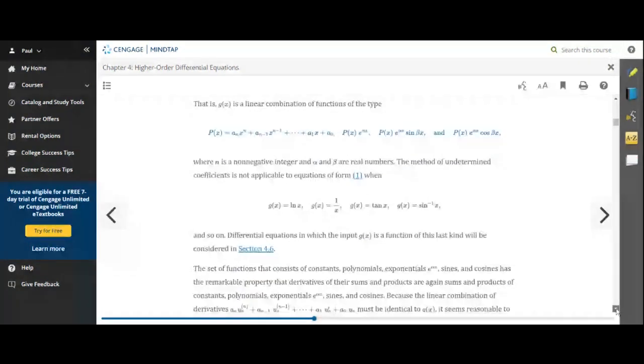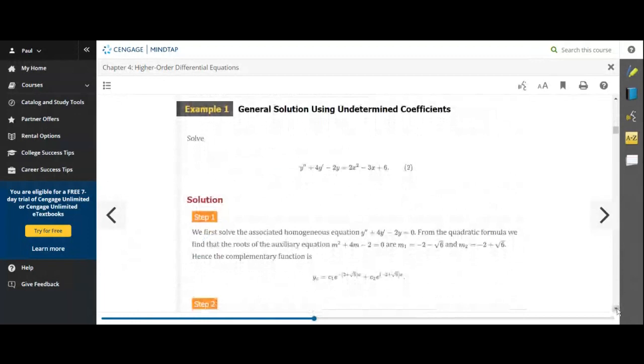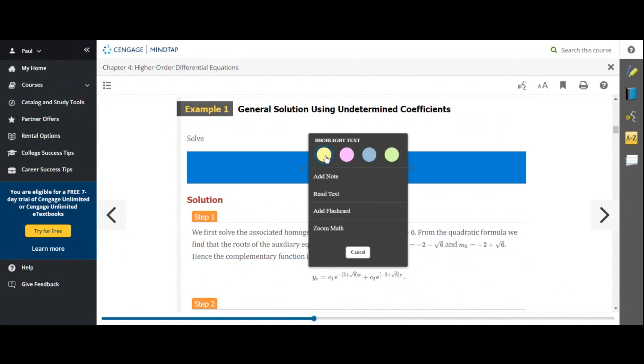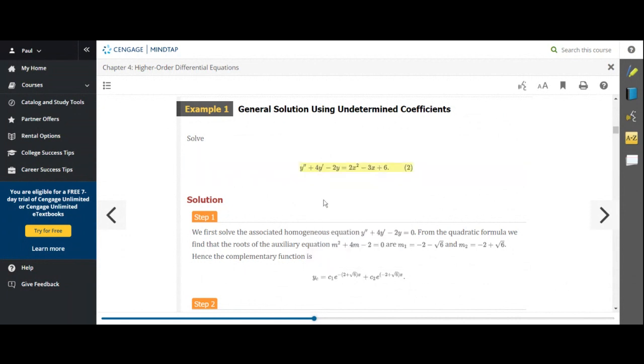Let's look at an example here. Example 1, okay? So here they have a second order differential equation. It's non-homogeneous, and first of all, what we have to do is find the complementary solution. We're using the superposition principle for non-homogeneous differential equations.